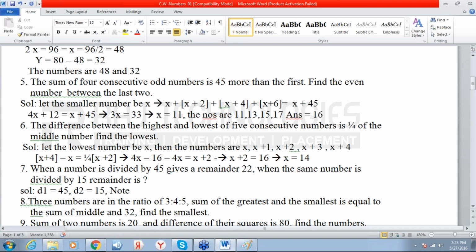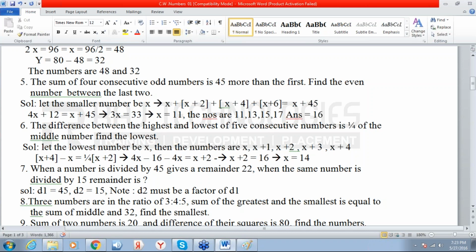Note, they may give it in another way. For example, they may give 44. We cannot solve because 15 is not a factor of 44. D2 must be a factor of D1, otherwise the question is wrong.